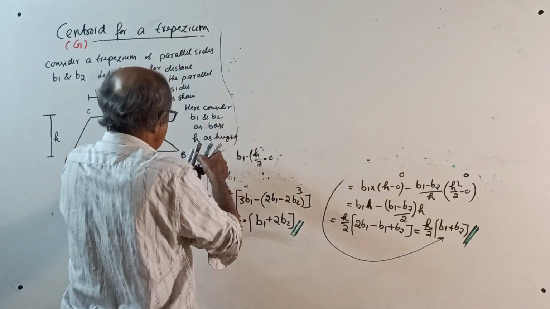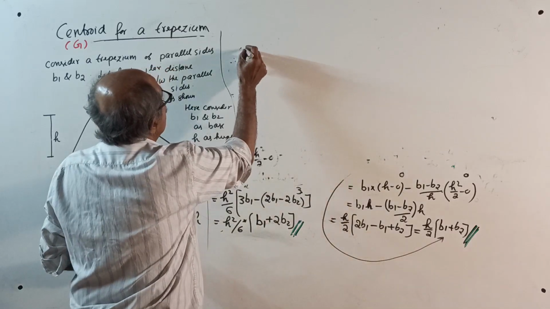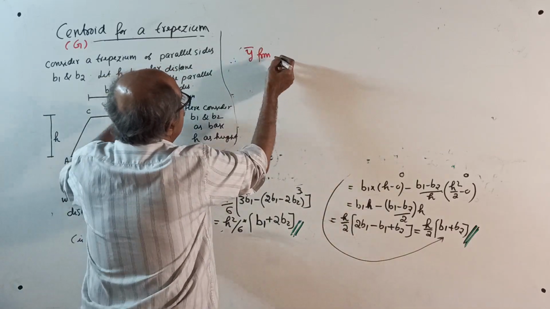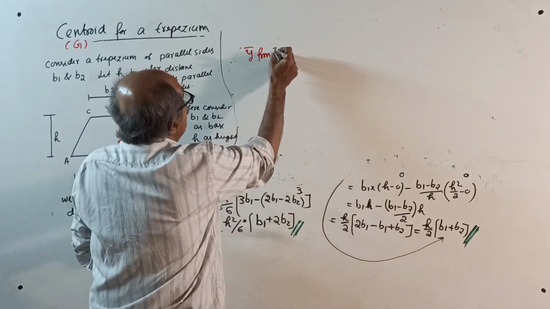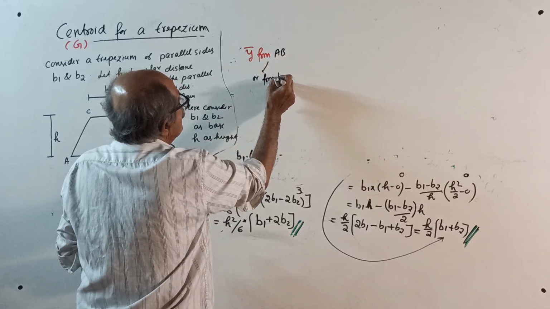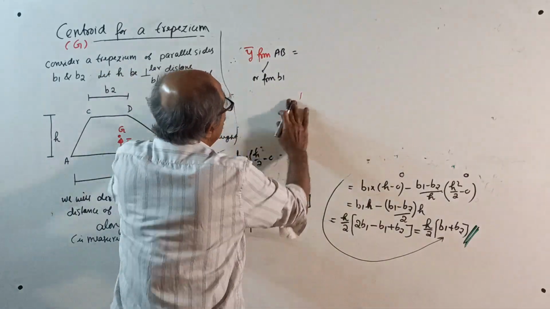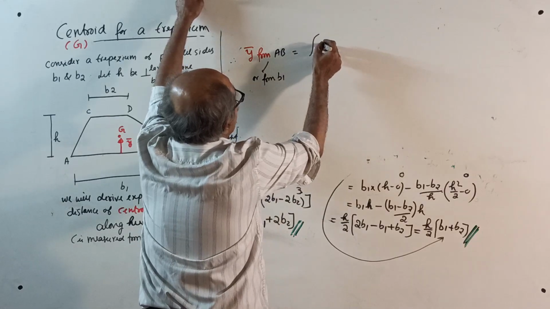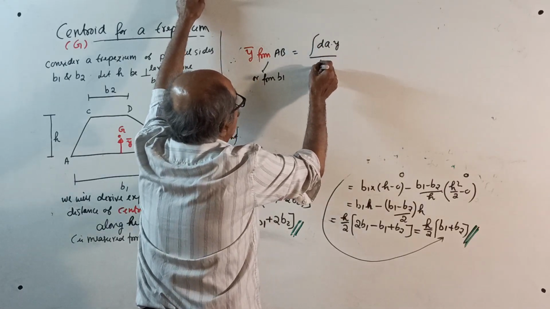Therefore, your y bar from the AB line, or from parallel side B1, equals the integration of dA into y divided by the total area.